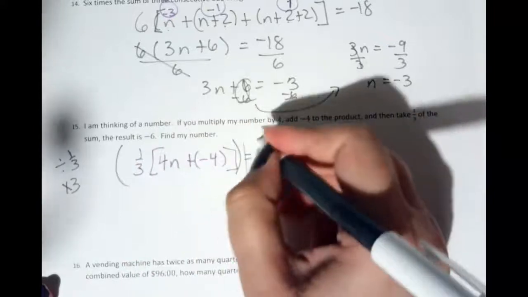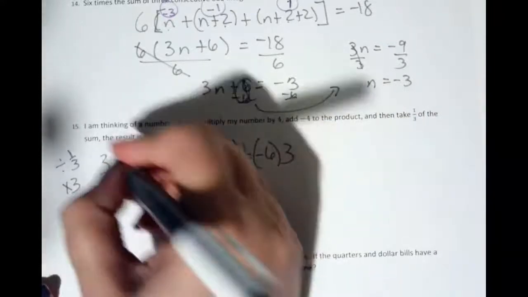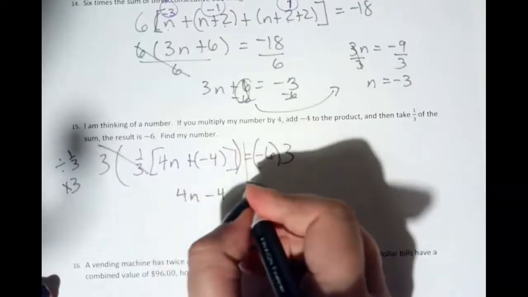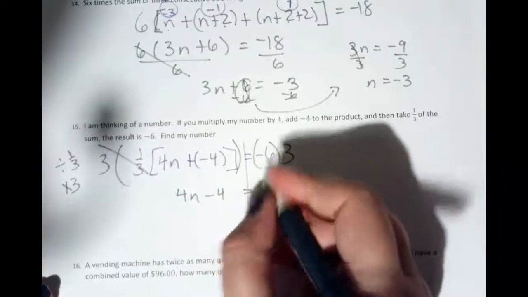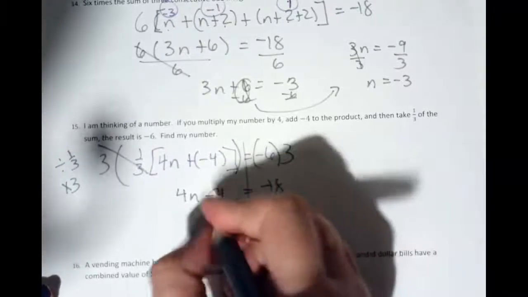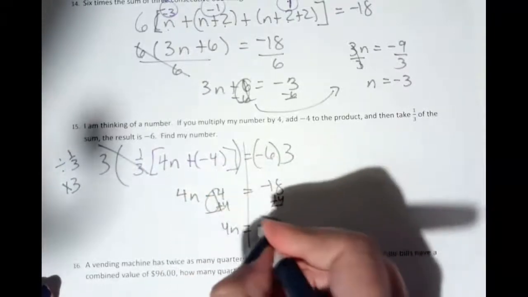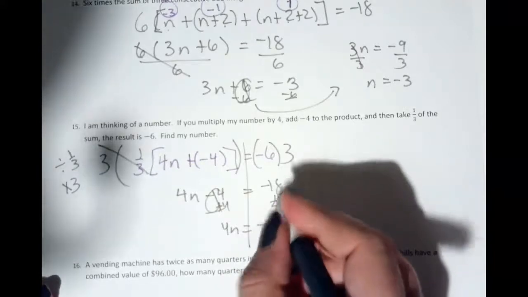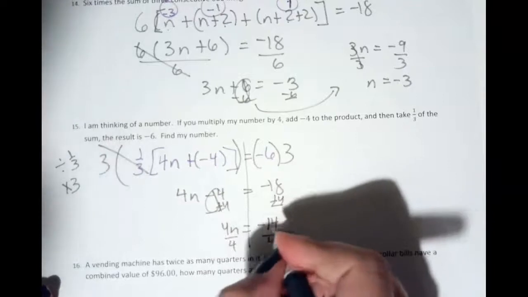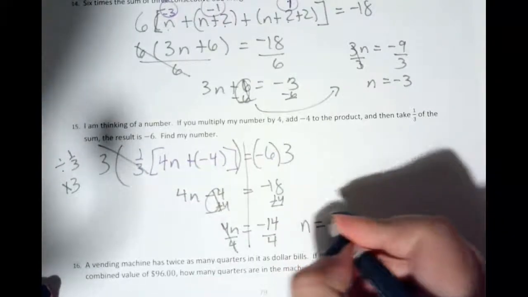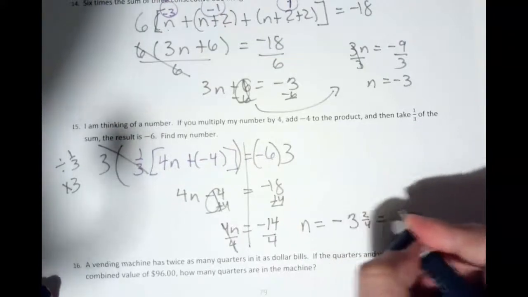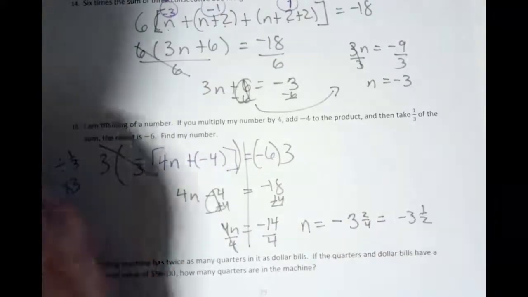So I'm going to multiply by 3 here and here. That's eliminated. I get 4n minus 4 equals negative 18. Add 4 to each side. 4n equals negative 14. Divide by 4. N equals negative 3 2/4, which is negative 3 1/2.